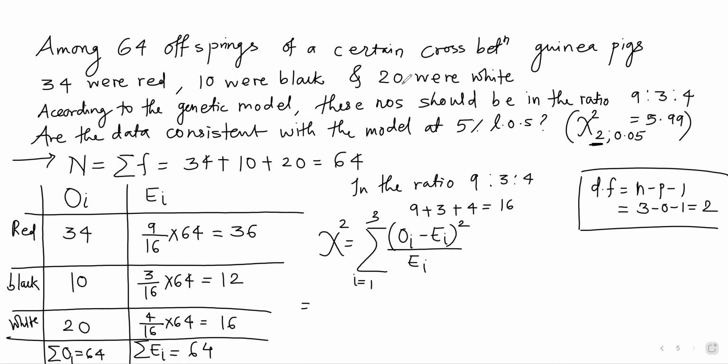So the first value is 34 minus 36 bracket square divided by 36. Now you can see here the values are different, correct? In the earlier case all expected values were the same, but here they are different. Then the second one is 10 minus 12 bracket square divided by 12, plus the third one is 20 minus 16, that is one and the same thing because minus square is plus only, okay, divided by 16.